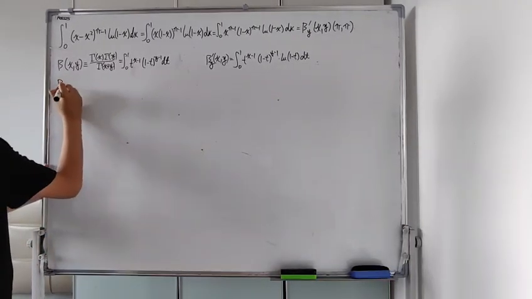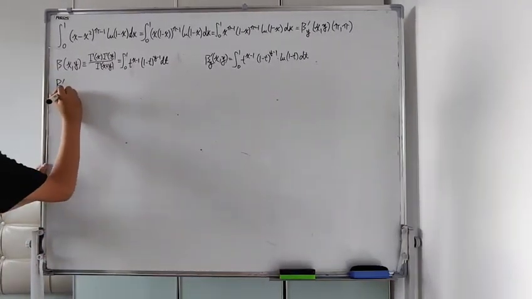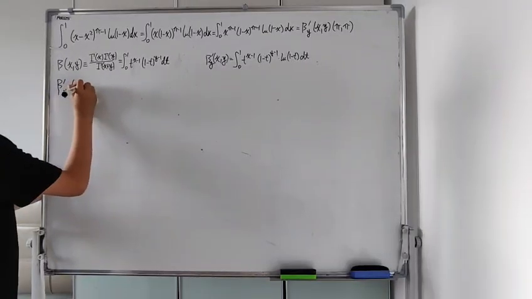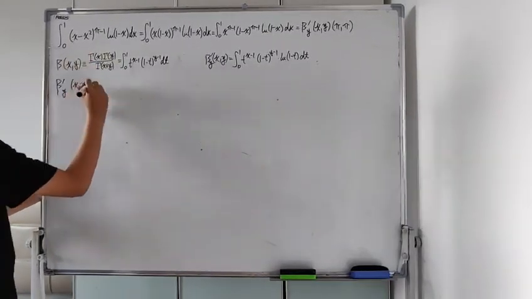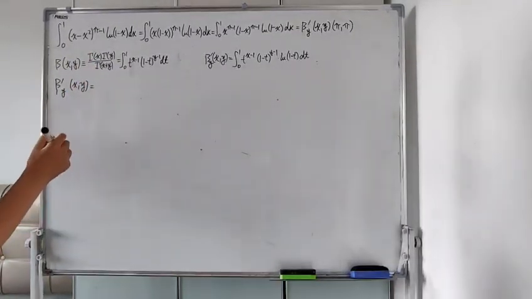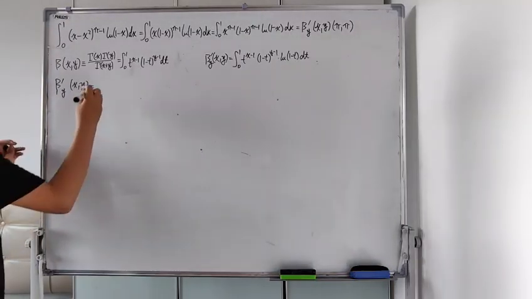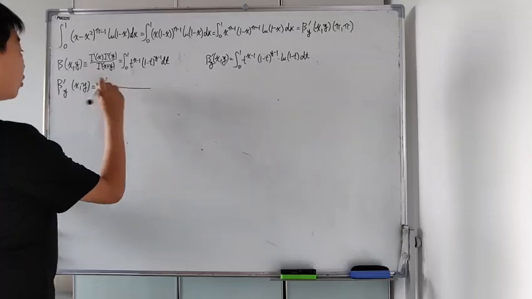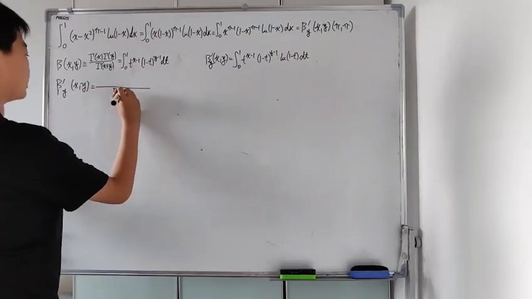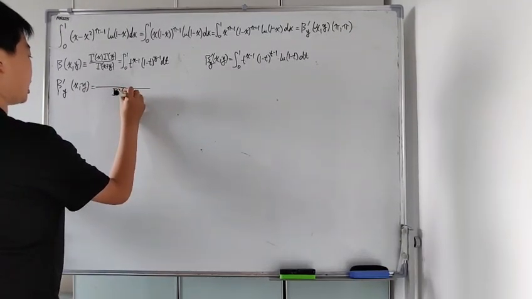So beta prime with respect to y of x, y is just differentiating this, right? For this one, we're going to use the quotient rule. And we're going to write this as over, this thing is going to be squared in the denominator, x plus y.